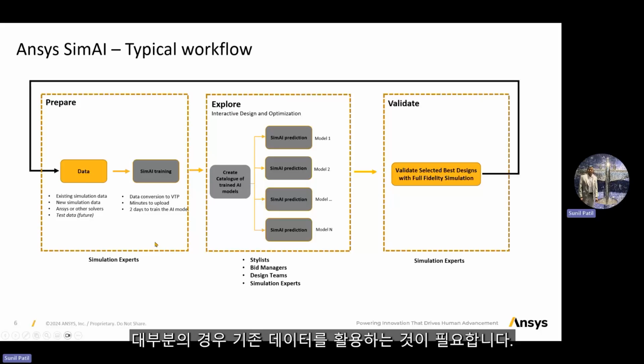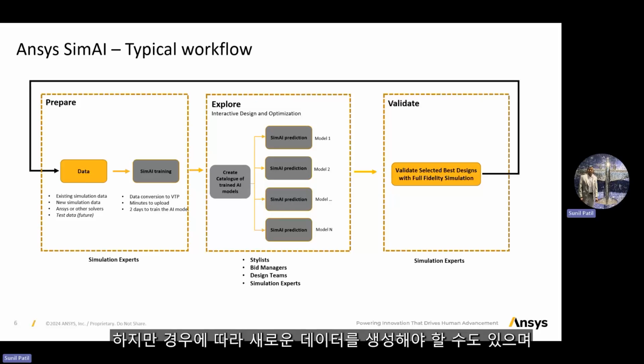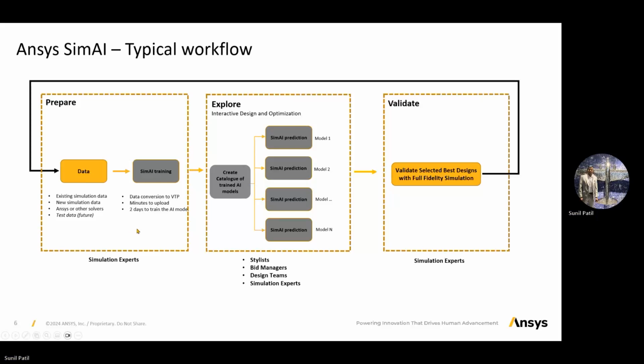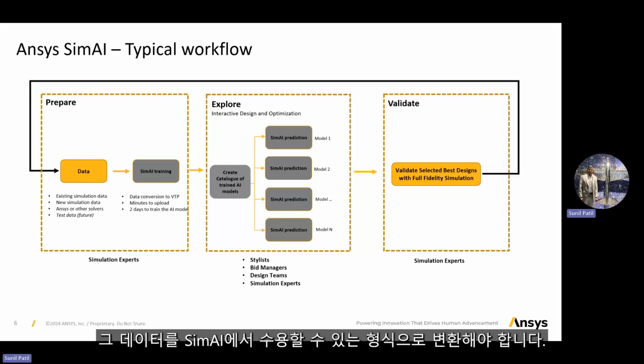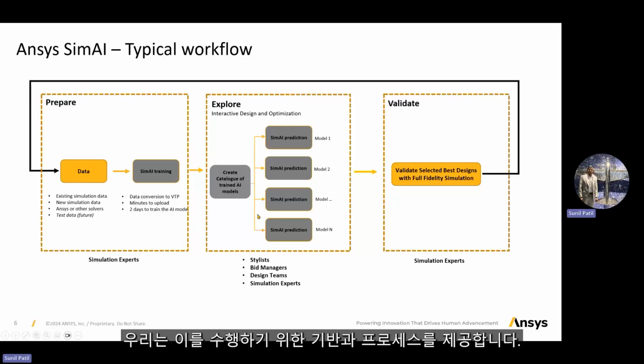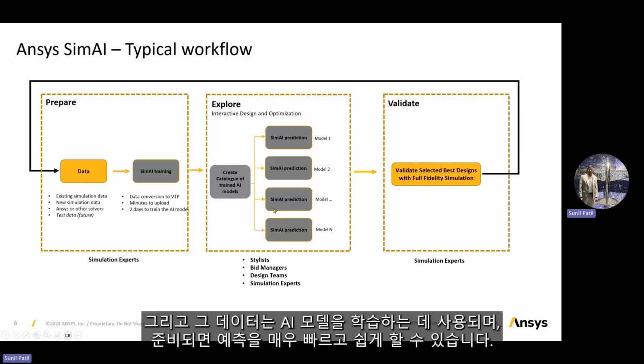So you prepare the data, which in most cases requires using existing data, but in some cases you might want to even generate some new data, and converting that data into a format which SimAI can accept, and we provide the process to do that, and then that data is used to train the AI model, which, when it's ready, can do prediction very quickly, very easily.